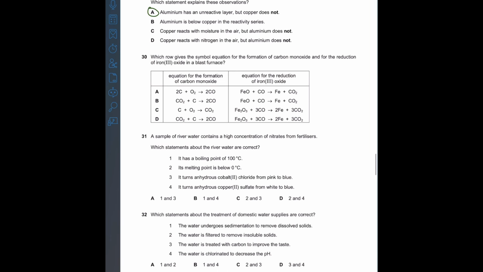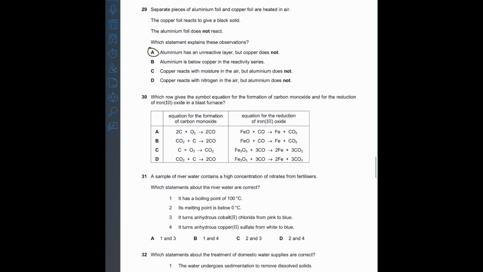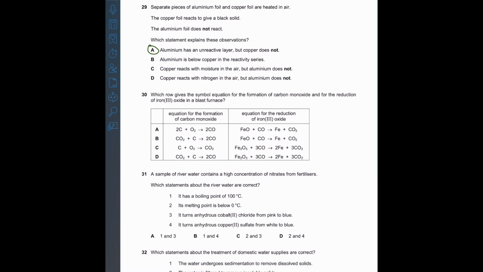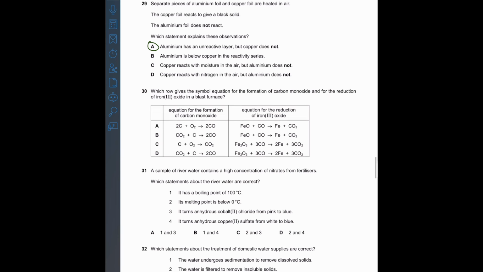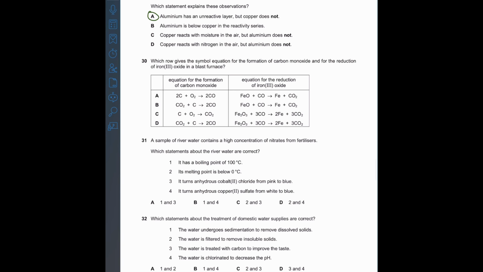Question number 30. Which of the rows gives the correct equations for the formation of carbon monoxide and the reduction of iron trioxide in a blast furnace? You need to learn the equations, but if you don't know them, you can still do this question. How?